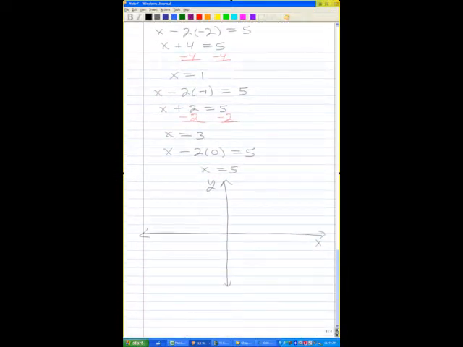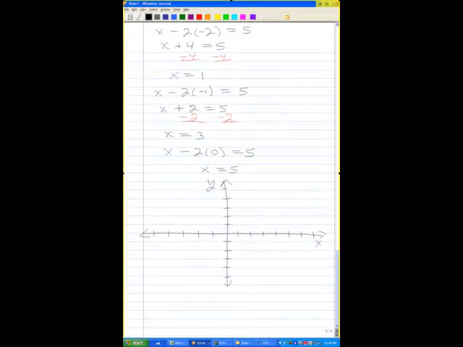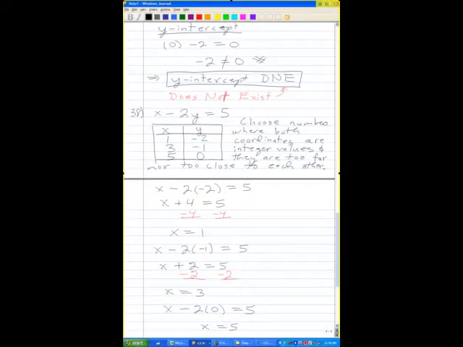Okay, so let's do this. Okay, so I'm here at (1, -2), at (3, -1).